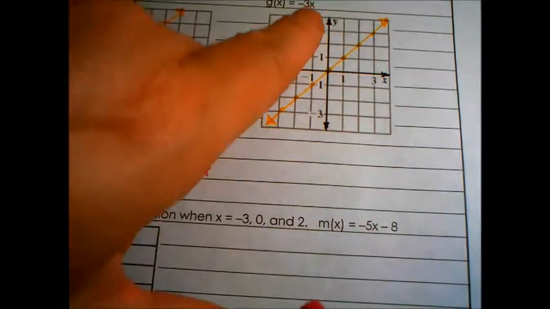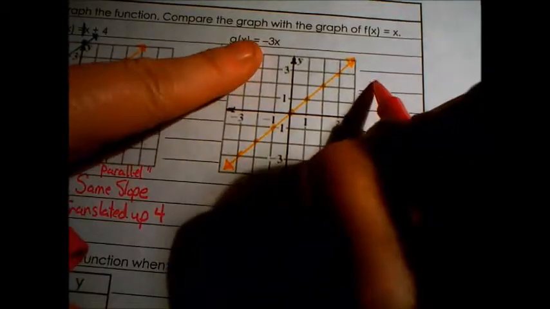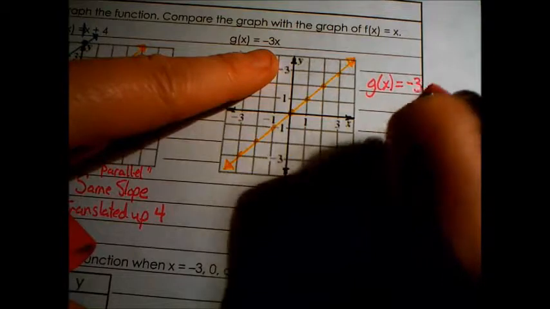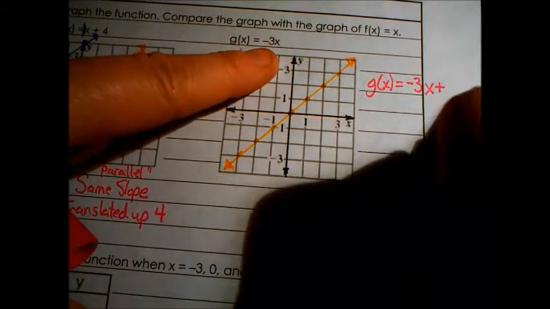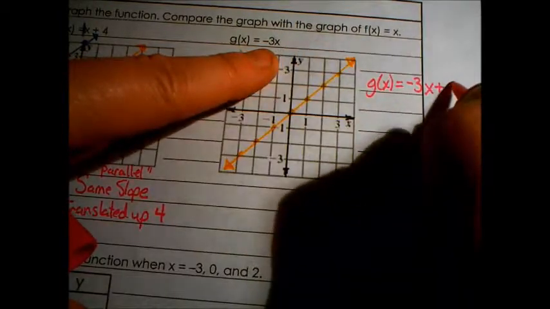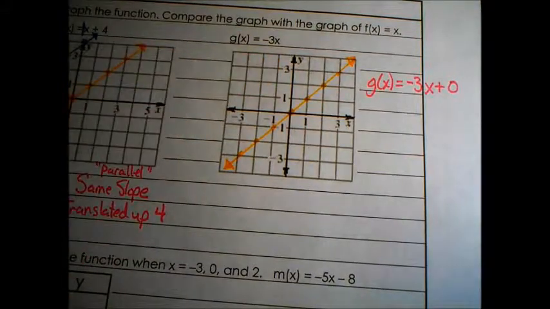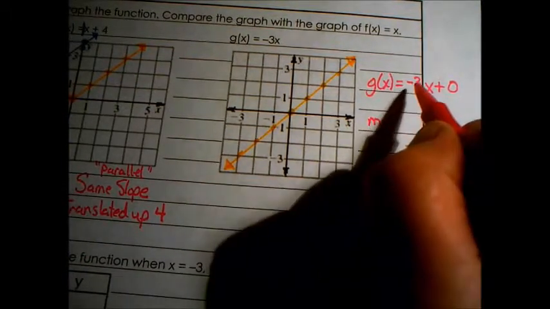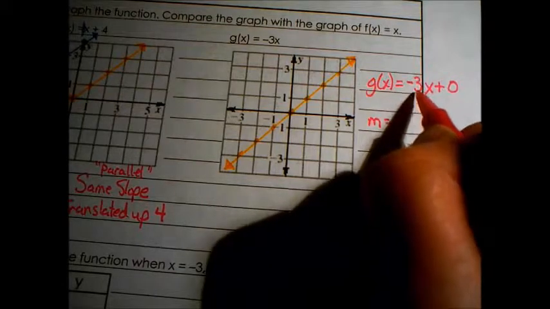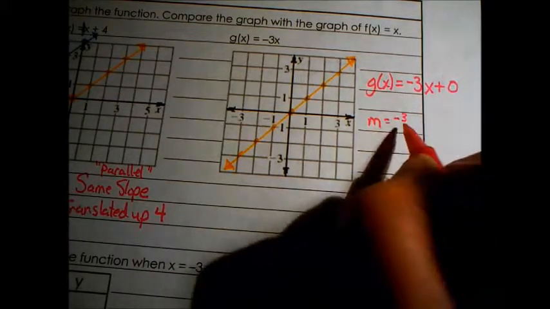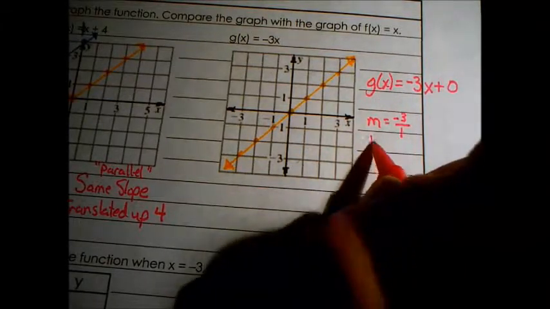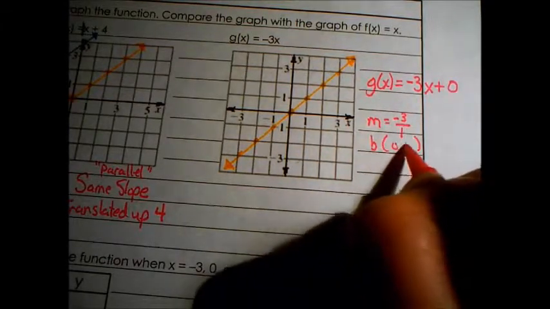Alright, now this one, I have g of x, which is the same thing as y equals negative 3x, and then I need a plus something, and there's nothing there, so that means I have a plus 0. So my slope is given here. Now it's negative 3, but I need to make it a fraction, so put it over 1, and then the y-intercept is at 0.